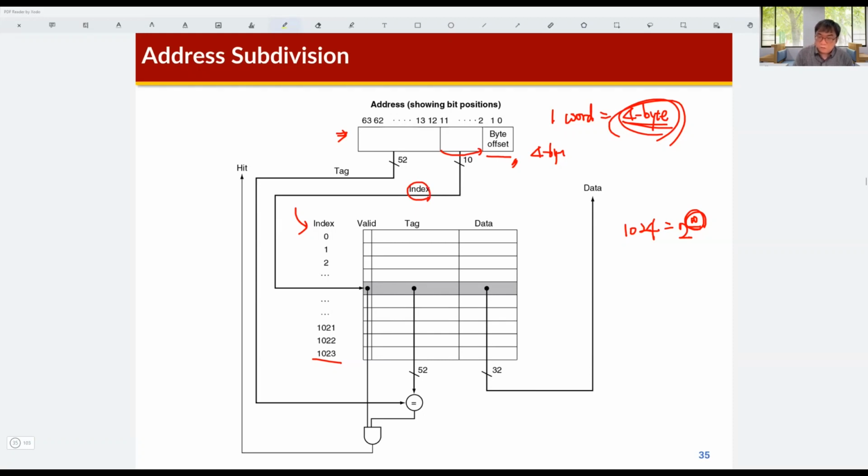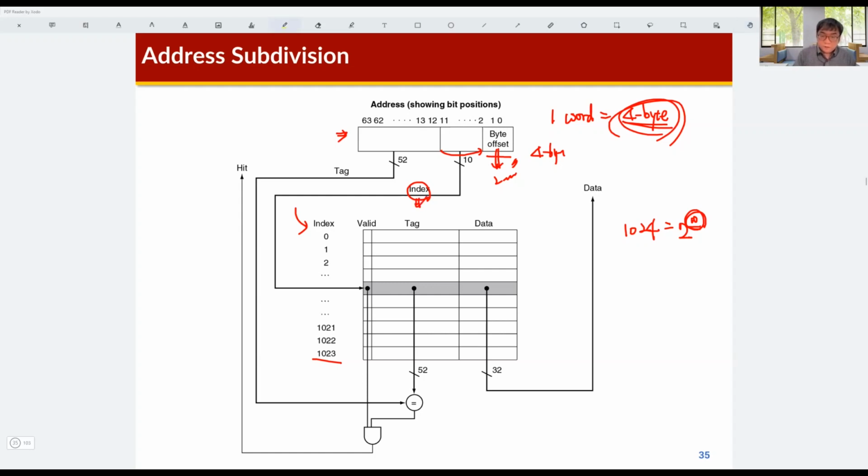But you need to note that 2 bits are used as the byte offset because the size of a single cache line is 4 bytes. Understand? So this is the index part.